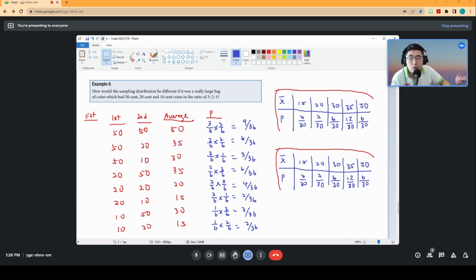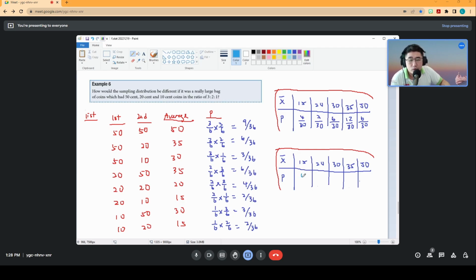Okay, so let's say I rearrange the form, because the mean value remains the same. It's just that the nature of the collections is different here. So what do I get here? For the 15, I will have 2 over 36, 2 over 36.